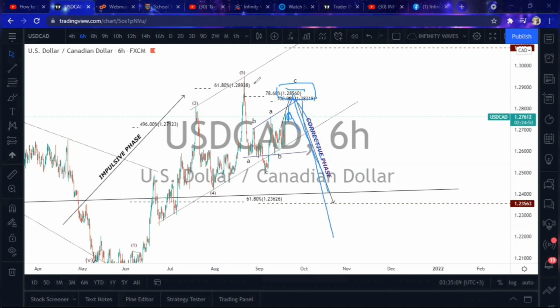In case it breaks this level of 129 region above, we'll be targeting areas all the way to 131, but we'll have to see how the market behaves or reacts at this region. Then we can take our sell setups for USD Canadian dollar. So for that pair, look for sell setups.